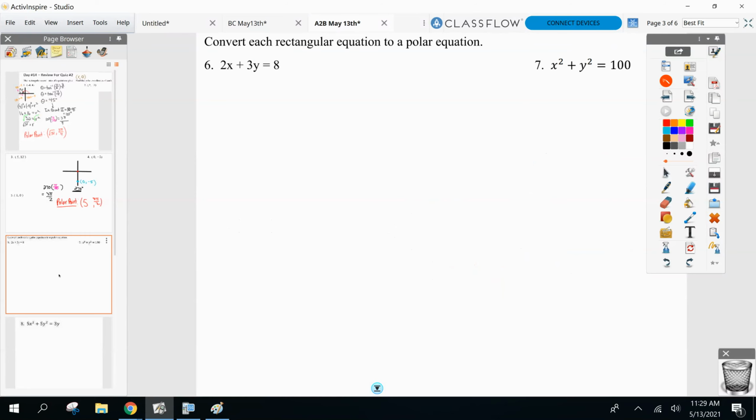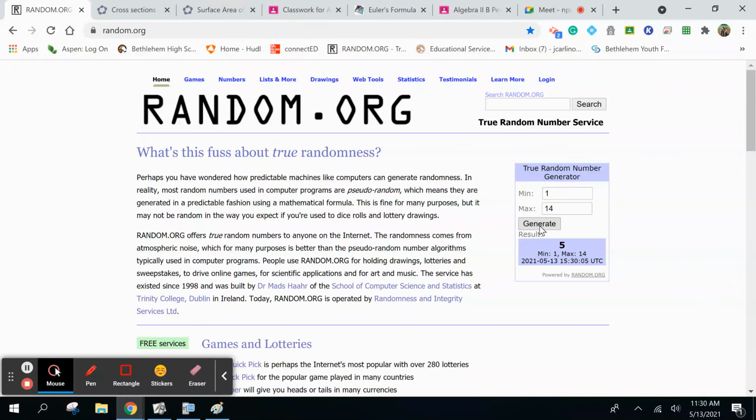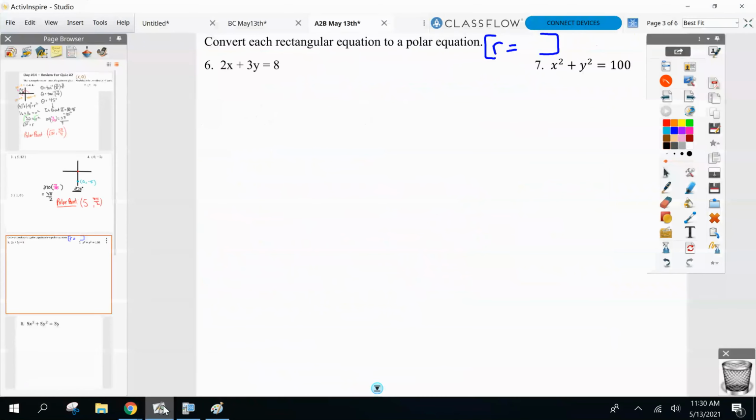All right, so we got an X and a Y I can plug in for. Let's start. What do you want to plug in for X? What have we been plugging in for X all along in this unit? Let's go, Ella. What do you want to plug in for X? R cosine theta. Okay, all squared now, everybody. I'm going to square it all.